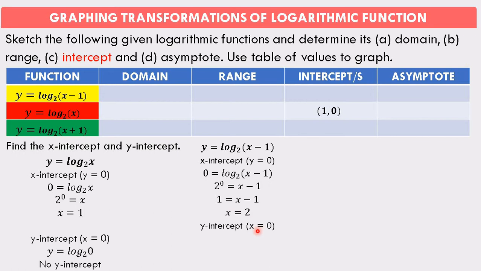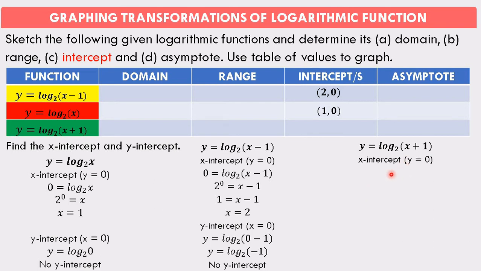And for the y-intercept, we have y equals logarithm of (0 minus 1) to the base 2. So we have y equals logarithm of negative 1 to the base 2. The argument is negative 1, therefore, no y-intercept.